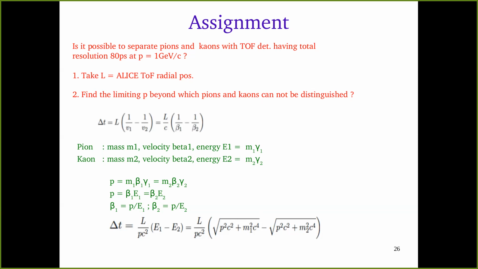And then find out the limiting value of P beyond which you can no longer distinguish them. This was the basic formula that I already told you in the last talks.